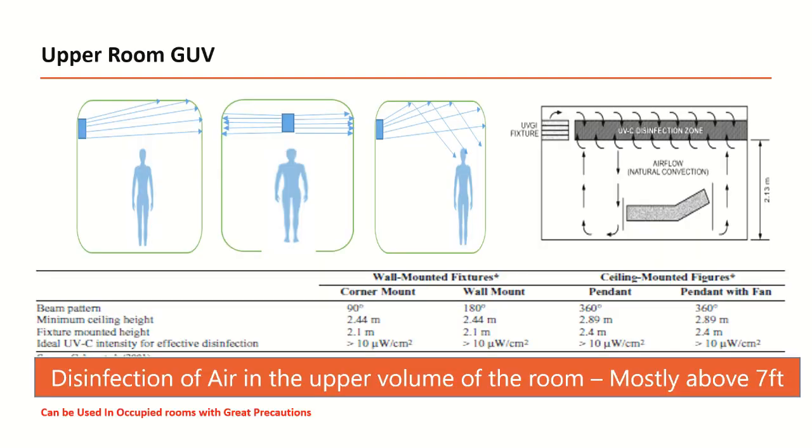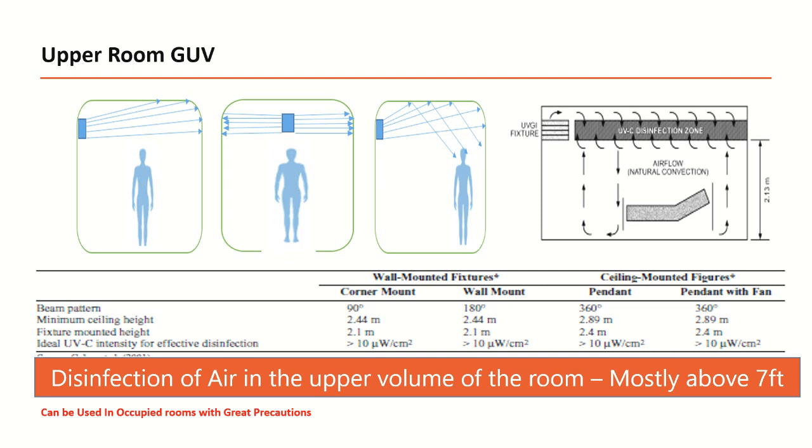Next, coming to upper room GUV or UVGI. In this case, the volume of air above 7 feet of height is disinfected using UV luminaires.